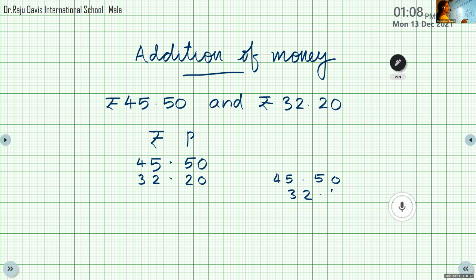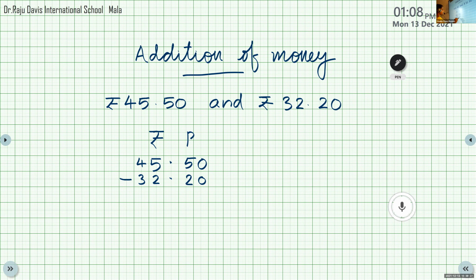We cannot add this. We should arrange it properly, all rupees in the same column and paisa in the paisa column. Then we can add.